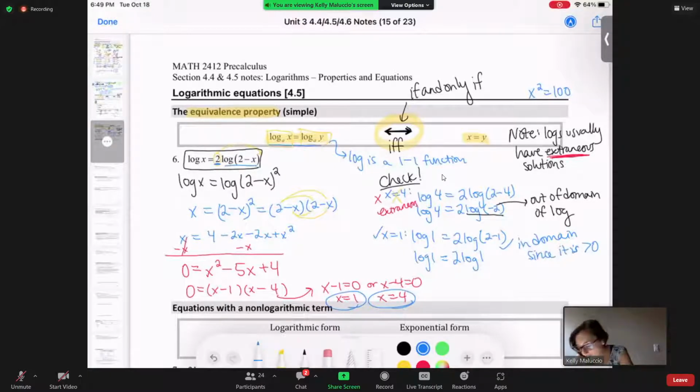Whenever we have log of something, we cannot put this in our calculator or solve if it's negative, because that tells us that some number to a power, like square it, cube it, square root it, equals a negative number. And that's not possible for exponents, right?